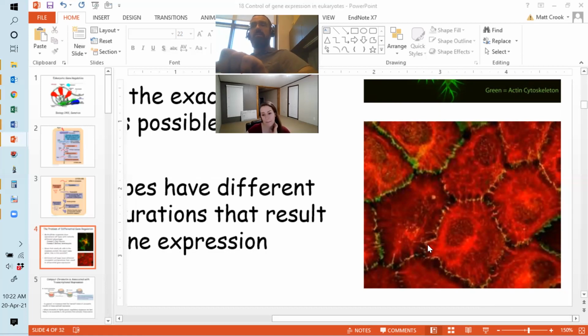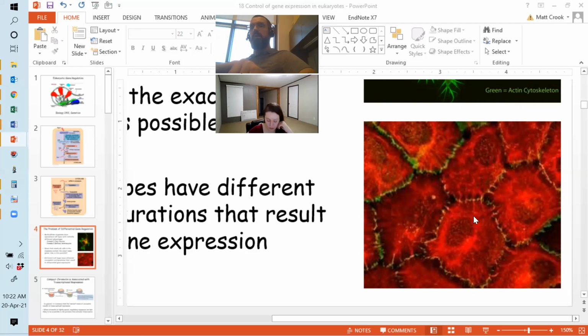And they have this very rigid junction with other keratinocytes around them, right? So they form a sheet of cells with these, which are called tight junctions. If you didn't know better, you could guess that they were plant cells, but they're not.